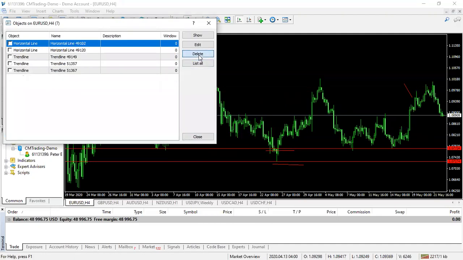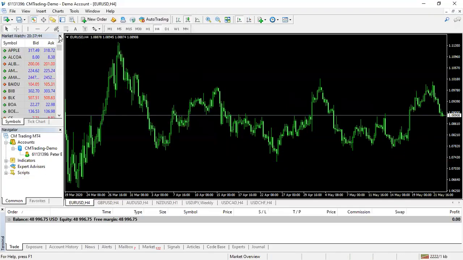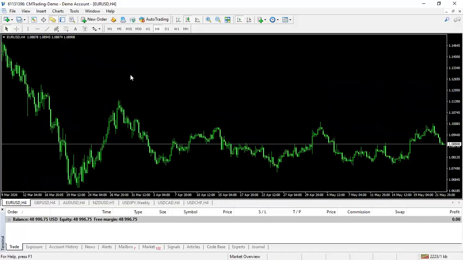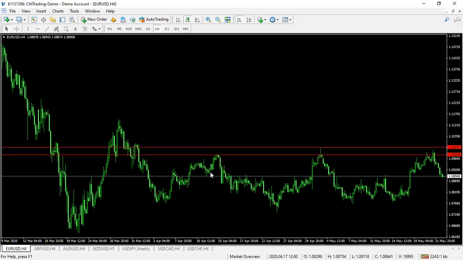Let's do this. Delete everything. Then we're going to remove this so that we can have a clear chart. So this is what we have, the market moving in a sideways manner. In that sideways movement, connect 2 points on top of each chart. You can see this market will bounce from this point down here.